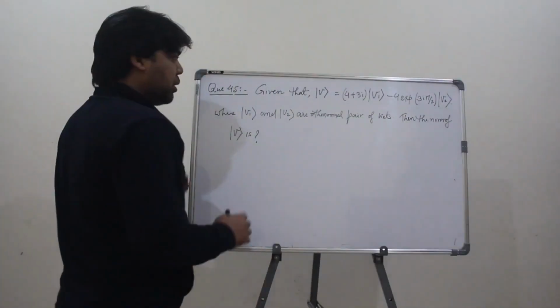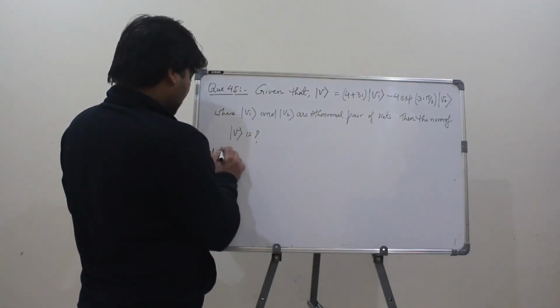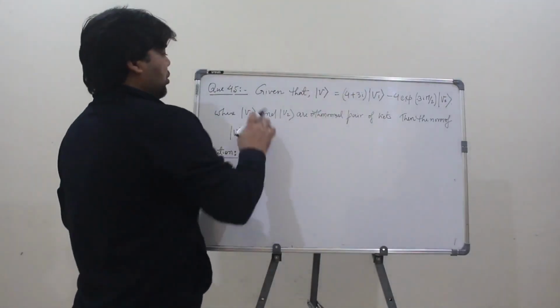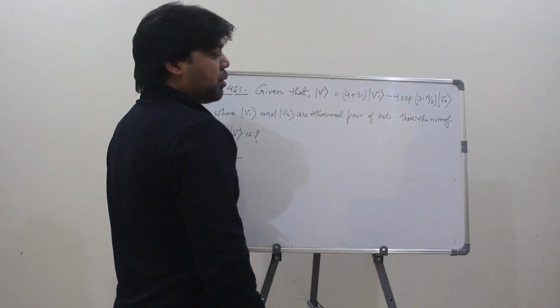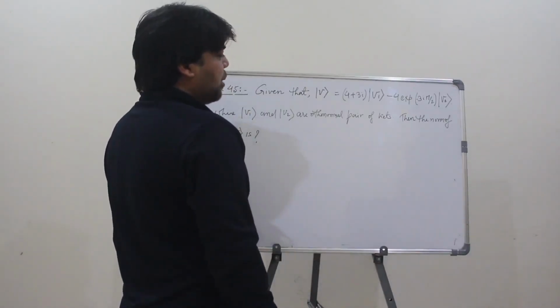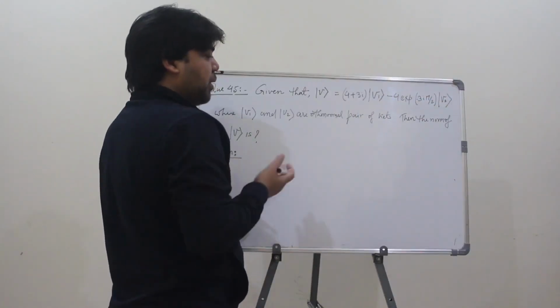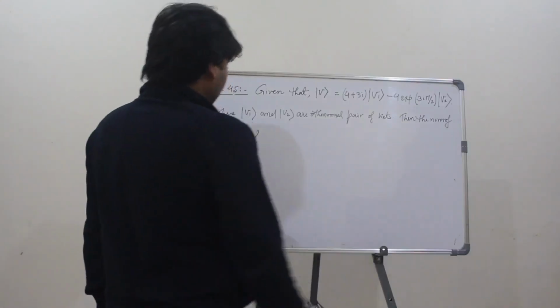Here, let us discuss this problem, which talks about the norm of a vector. It gives that v equals 4 plus 3i v1 minus 4 exponential of minus 3i pi by 2 v2, where v1 and v2 are orthogonal pairs of kets, then the norm of v is what, right?